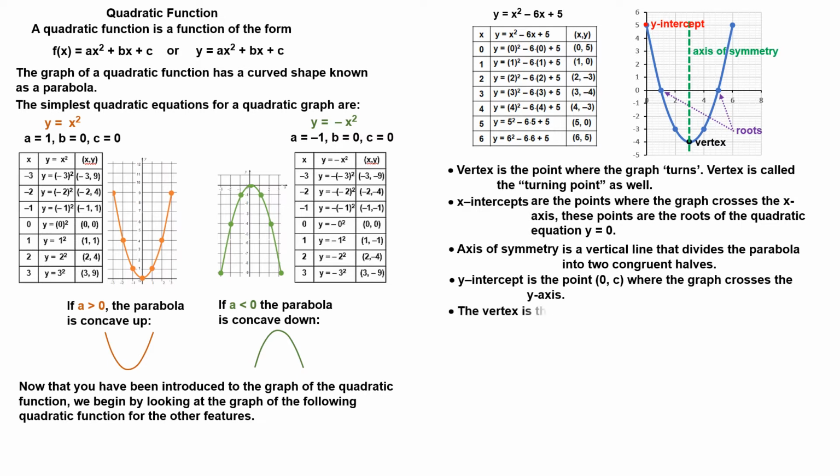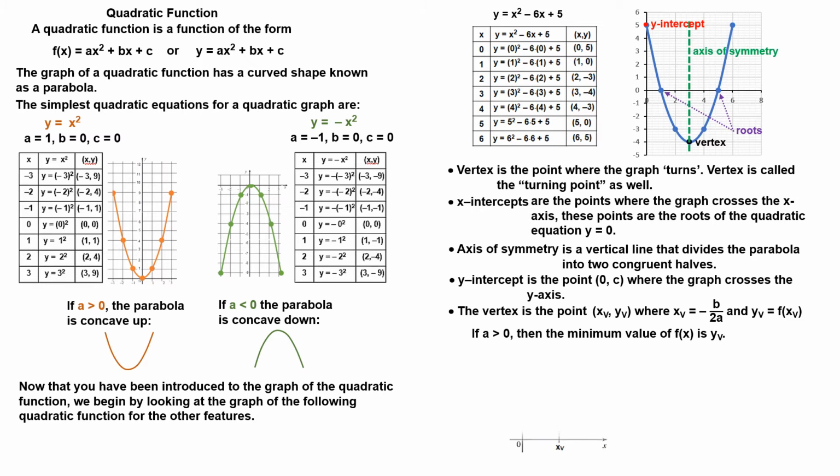The vertex is the point. The x-coordinate of the vertex is minus b over 2 times a, and the y-coordinate of the vertex is f of x of the vertex. If a is positive, then the minimum value of f of x is y-coordinate of the vertex.